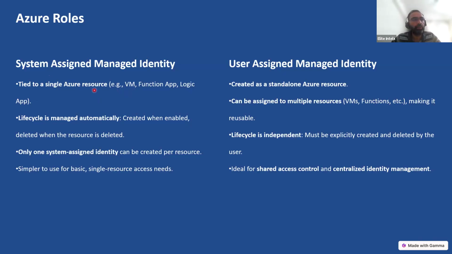It's a more secure way rather than using any SAS token or storing credentials anywhere. If I use the system assigned managed identity, I don't need to worry about the lifecycle management of that particular secret, because a secret can expire. How do I generally do this in the case of system assigned managed identity? Let's say you have, for example, a VM, right?